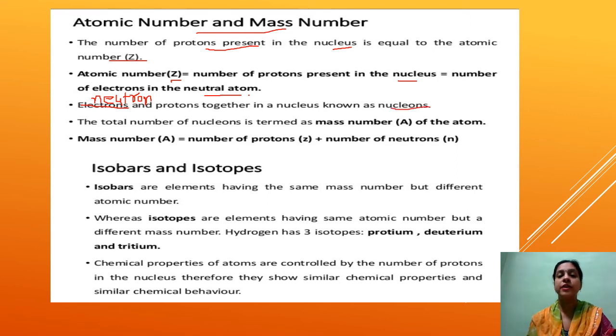The total number of nucleons is termed the mass number. Mass number is the number of protons plus the number of neutrons, and the mass number is denoted by the symbol A.